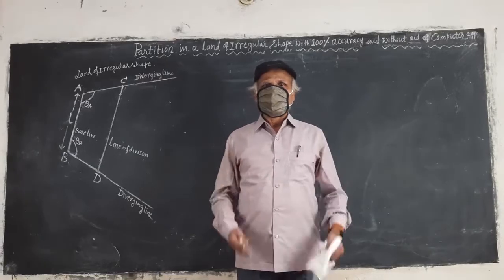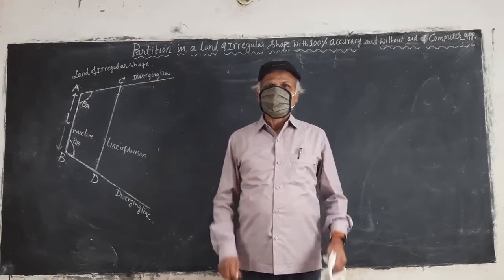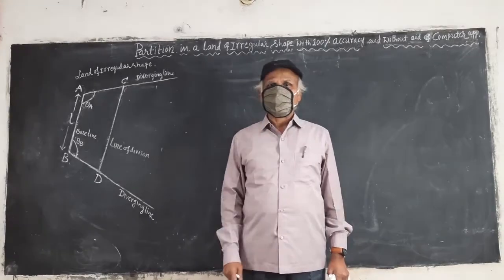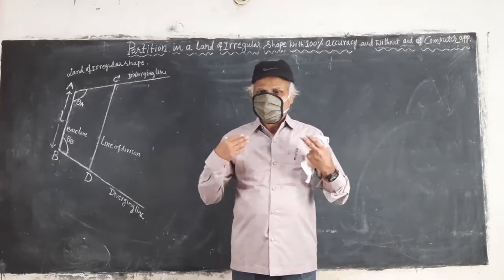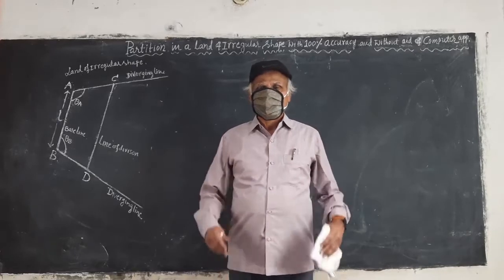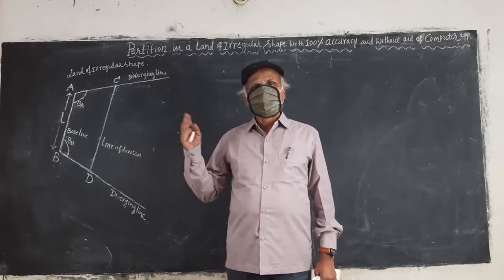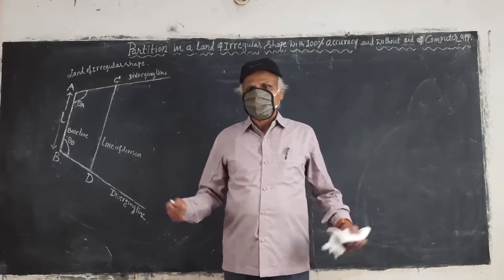Welcome to my video article relating to determination of the exact position of line of division with 100% accuracy in the partition of land of irregular shape without using computer app.